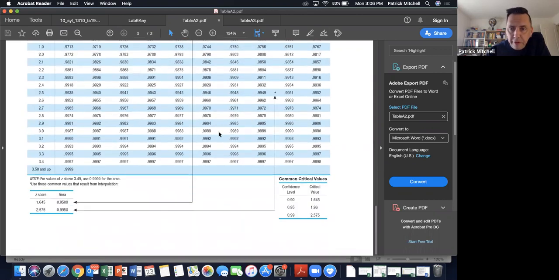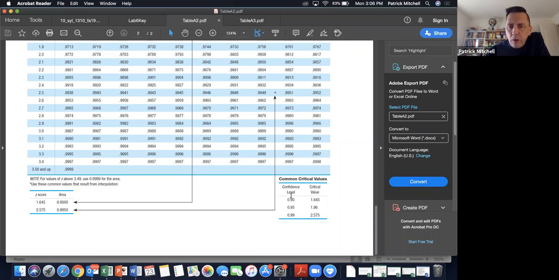Notice at the bottom of your table, it gives you common critical values for the three most common confidence levels that we're going to be using. So we just found the one for 0.95. It's 1.96. If your confidence level is 0.9, then your critical value is 1.645. And if it's 0.99, then your critical value is 2.575.